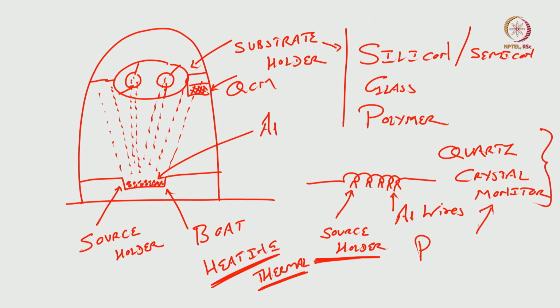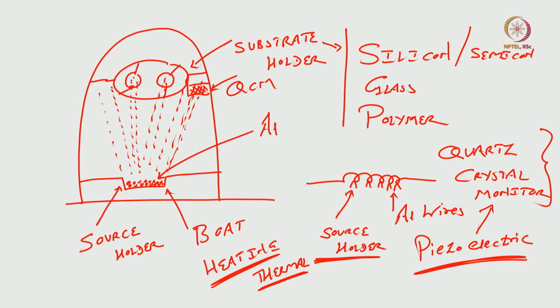This quartz crystal monitor works on the piezoelectric effect. What is piezoelectric? When you apply pressure, there is a change in voltage. Now, if there is a deposition of this metal onto the QCM, from the QCM we can read the rate of deposition of aluminum, because it works on the piezoelectric effect, and that rate of deposition can be converted into a readable form on a display.